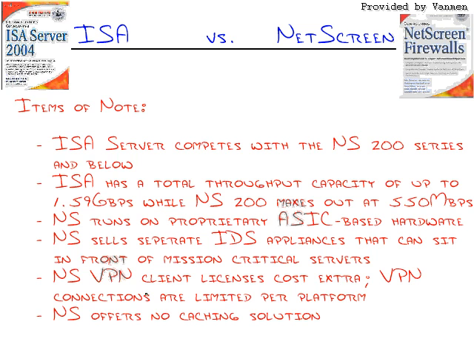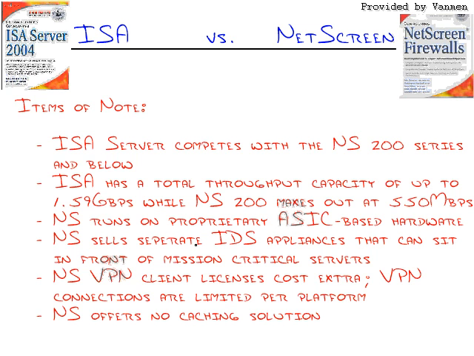All their VPN client licenses cost extra. The connections are limited per platform, so based on the platform that you buy, you are limited to the number of VPN connections that each one of those can handle. With that being said, the NetScreen 200 can get up to 1,000 VPN tunnels going to it. Drop down to the NetScreen 50 and start going down.